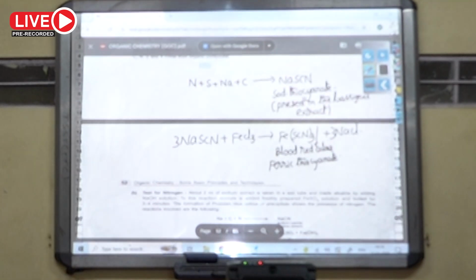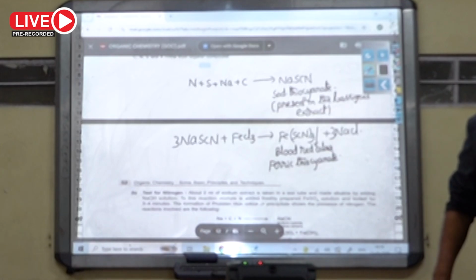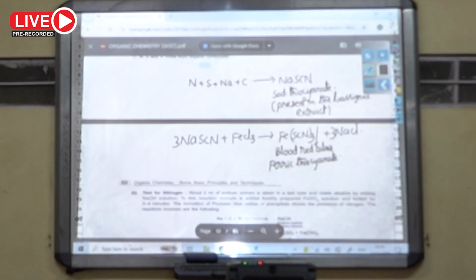Arrow. Phosphorus is oxidized to Na3PO4, sodium phosphate. This is step 1.